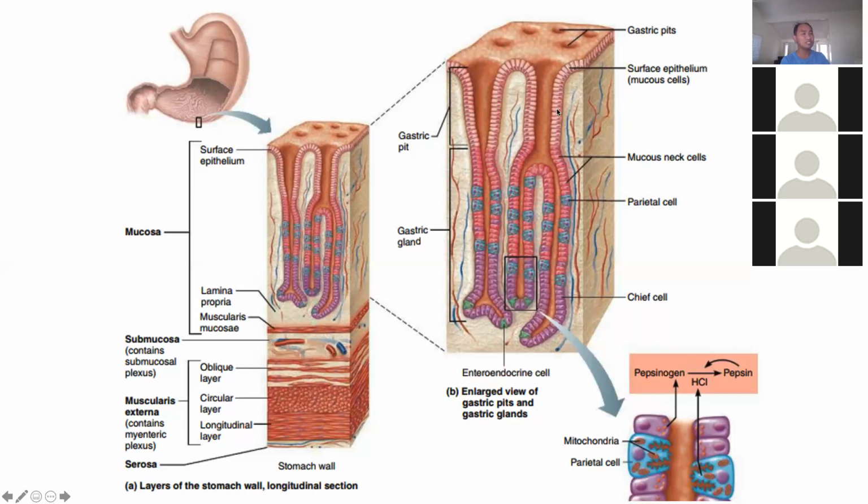This mucus cell will secrete mucus, which covers the outer coating of the stomach, so that it prevents acid injury. If you keep going down the tract, you start seeing the mucus neck cells. They secrete mucus as well.